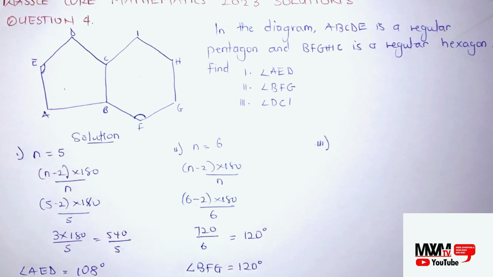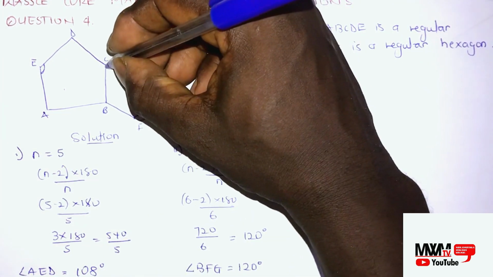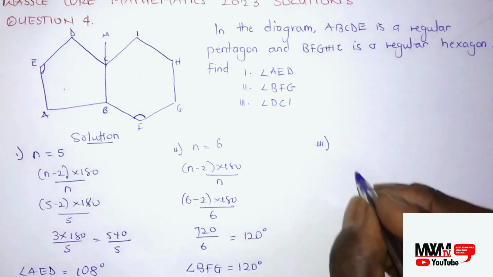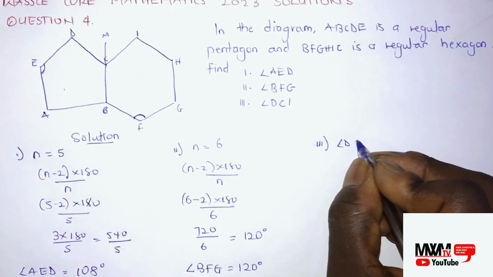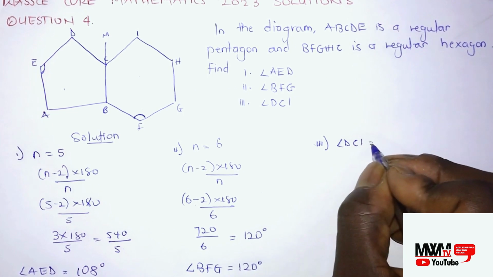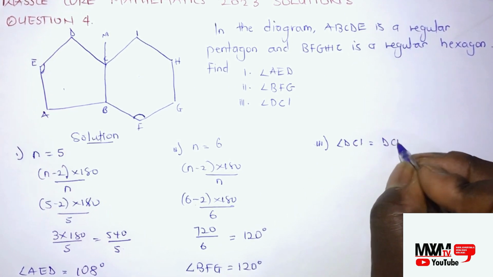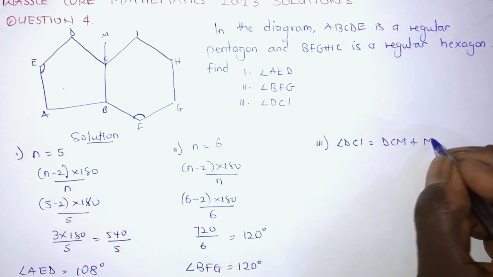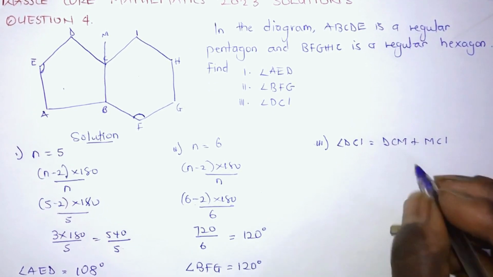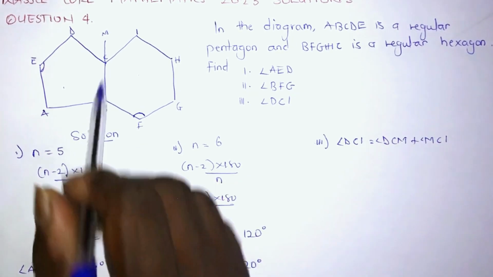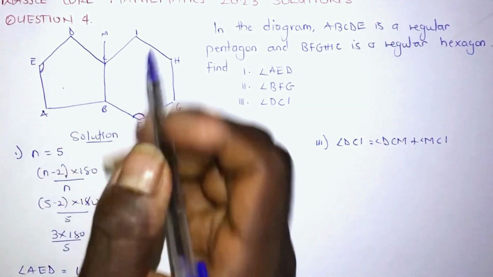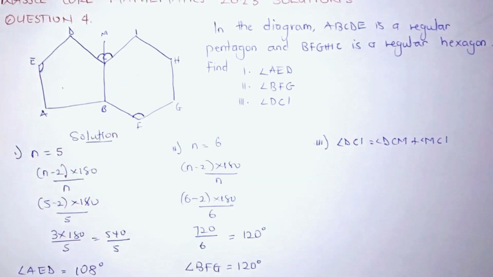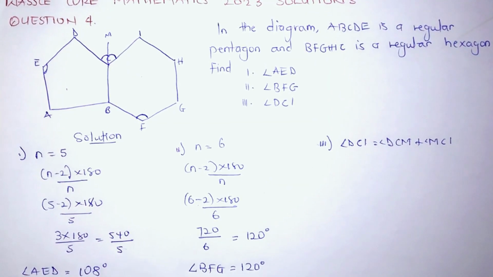So what you are going to do is, if I extend this line and put, let's say, M here, then I can say that angle DCI is equal to angle DCM plus angle MCI. So DCI is equal to this part here plus the other part, making the whole of that angle.